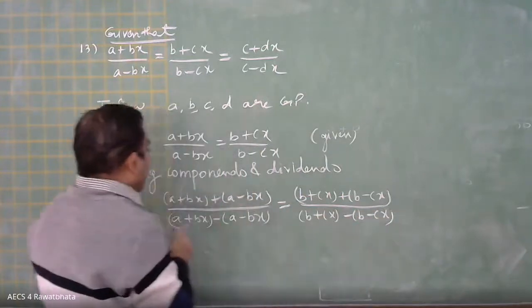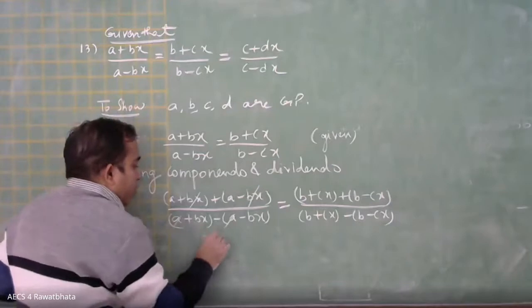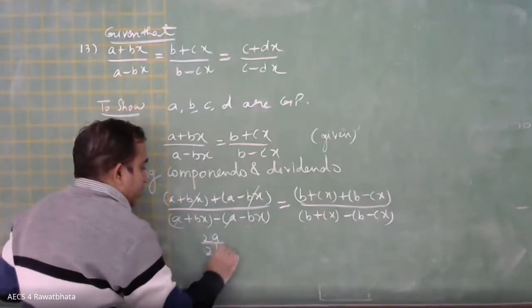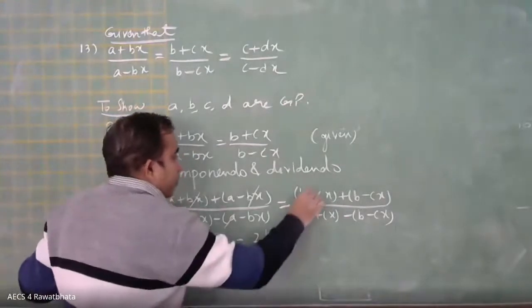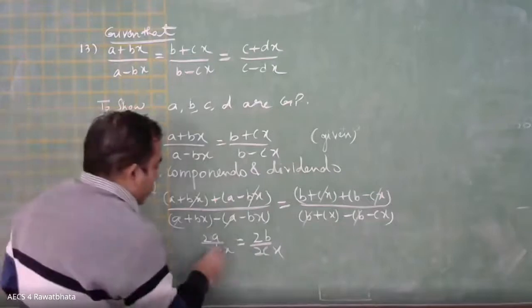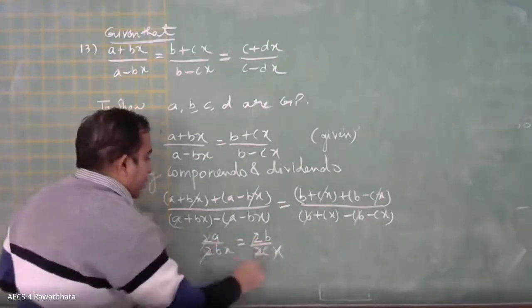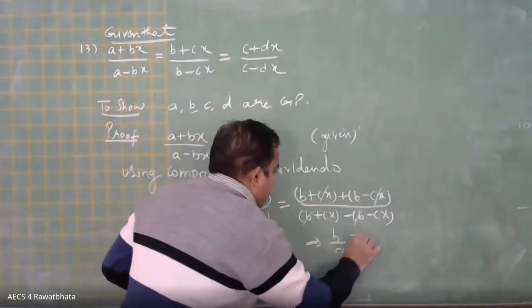And if you simplify, this will become 2a upon 2bx equal to 2b upon 2cx. 2 gets cancelled throughout, x gets cancelled, and this becomes b upon a equal to c upon b.